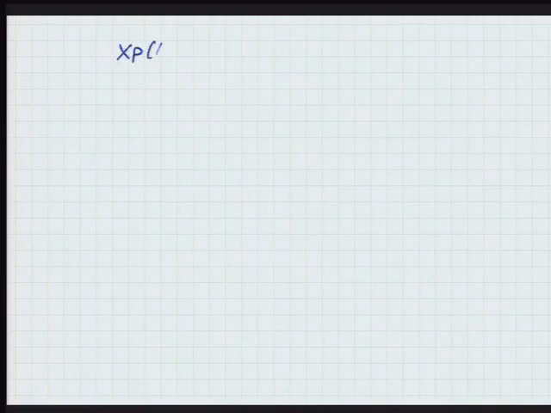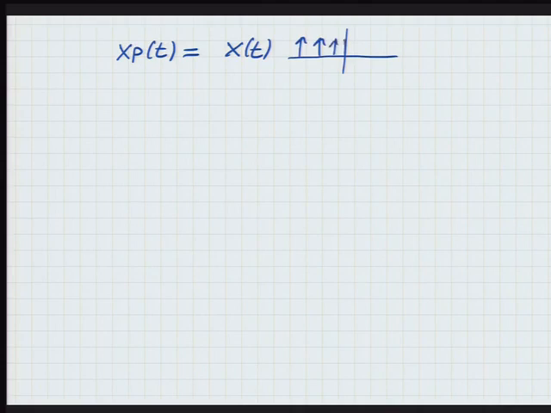First of all, xp of t can be written as a product of x of t with a bunch of unit impulses, except that they are t units apart. So t, 2t, 3t, etc., right? Times that. Do you agree?